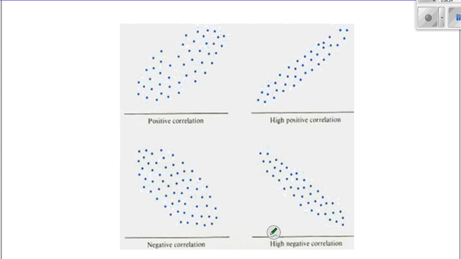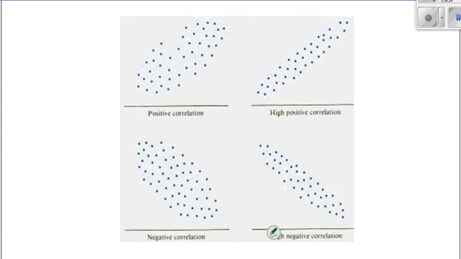Just a few more pictures of a few extra examples here. We've got positive correlation here on the left, and then we have high positive correlation. An even better description of that one is a strong positive correlation. You can say high, but strong is better, so feel free to change that to strong positive correlation.